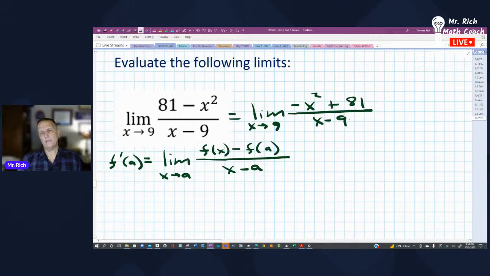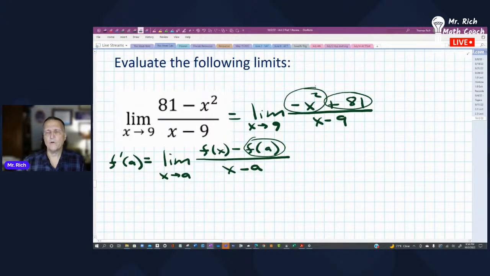Now, I could solve this pretty easily, I think, by just doing difference of squares on the top. But what I want to show you here is that this 81 is the f of a. Okay, so that's f of a, a positive 81, and this is the f of x.